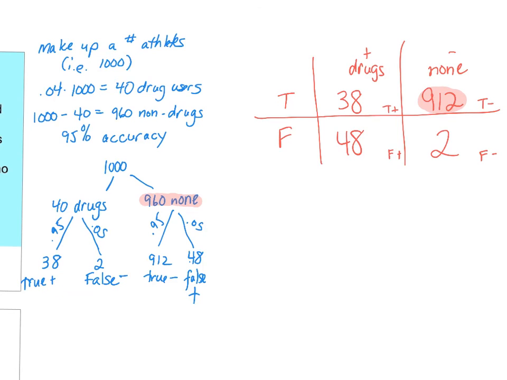The 912 who don't, and it truly tells them they don't, as well as the 48 who don't do drugs and get falsely accused. It's the diagonals that have to add up to the proper amount for each concept.